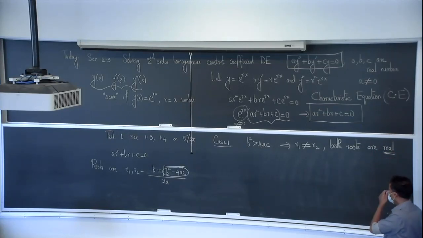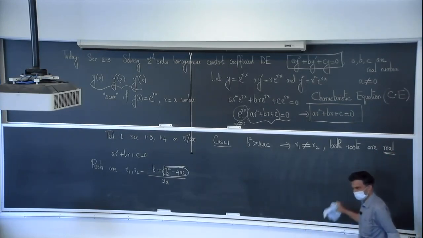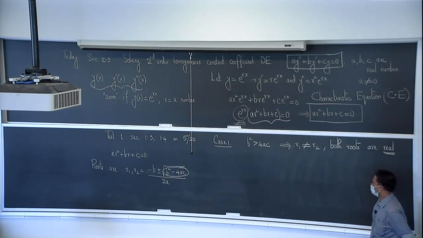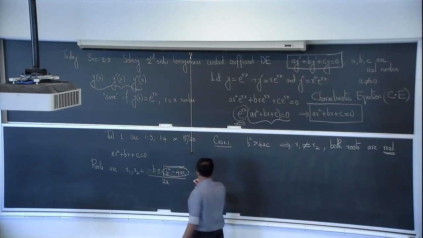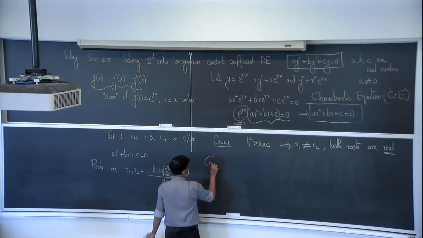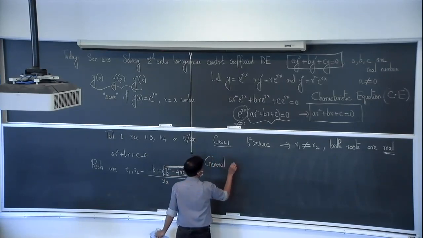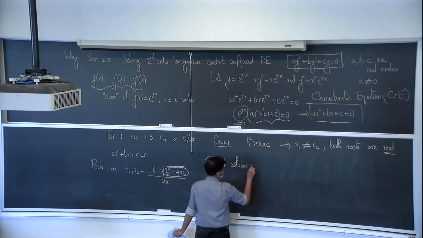So all the numbers you know in this world are real numbers: rational, irrational, fractions, decimals, all of them are real numbers. So we have two distinct roots, or two unequal roots. So we can write our general solution, y of x.